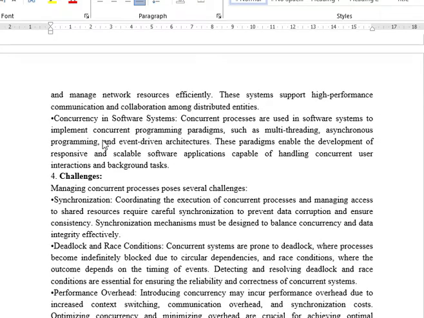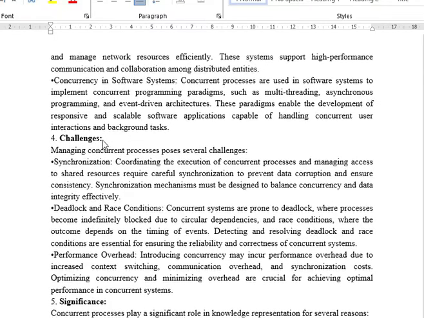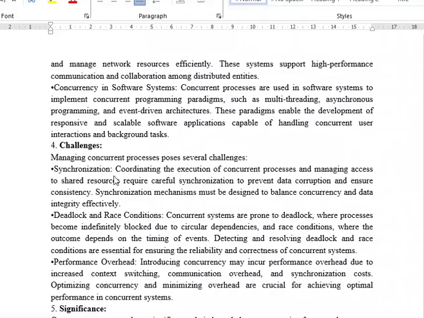Now let's see what are the challenges. These are the challenges: synchronization, deadlock, and performance overhead. It requires careful synchronization to prevent data corruption. If a huge amount of data is being processed at the same time, data corruption may occur.